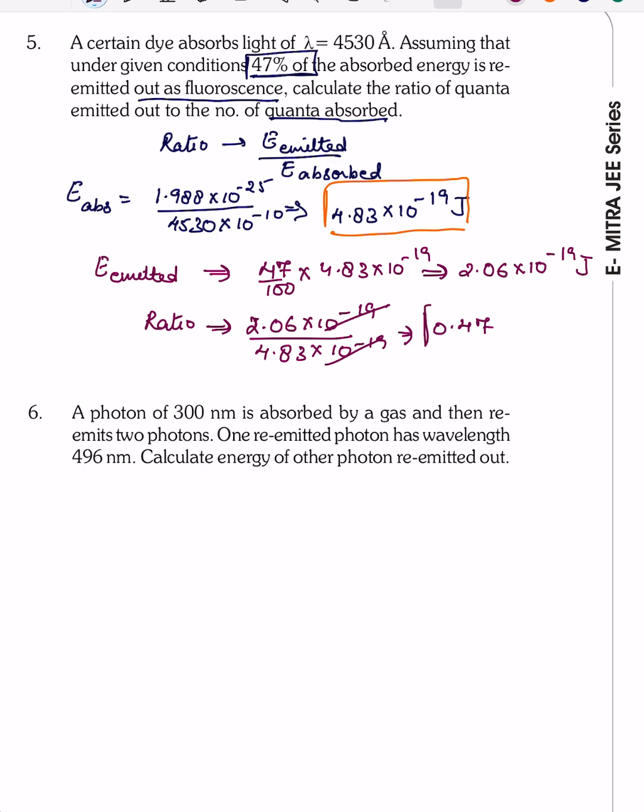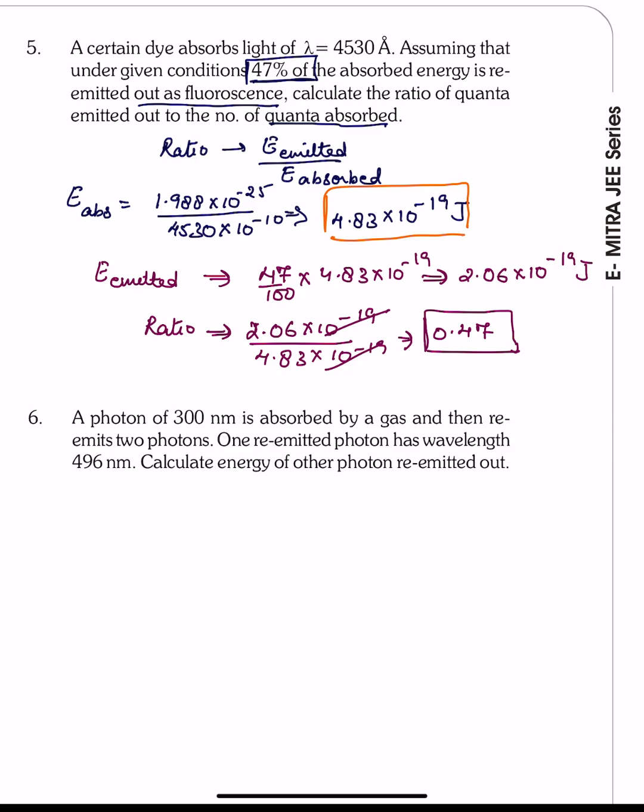So this is the ratio. That means the ratio of the emitted energy to the absorbed energy will be 0.47. Or we can also say that for every 100 absorbed photons, 47 photons will be emitted out. Correct?